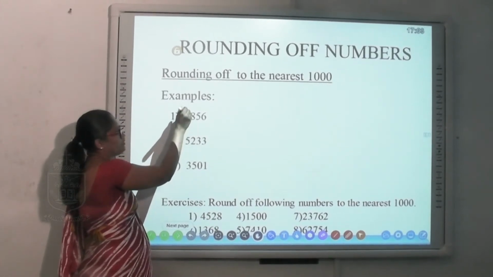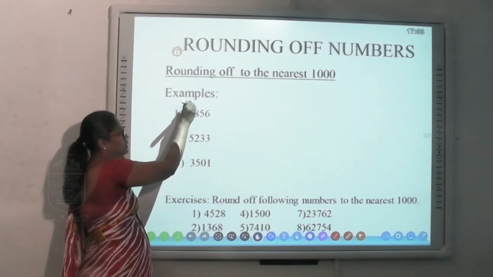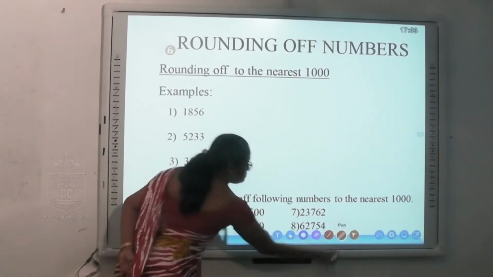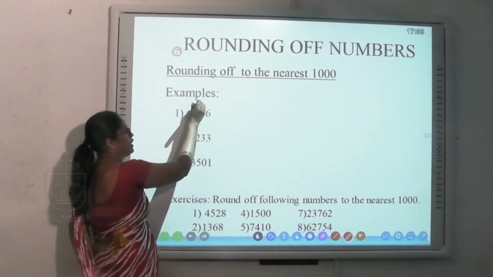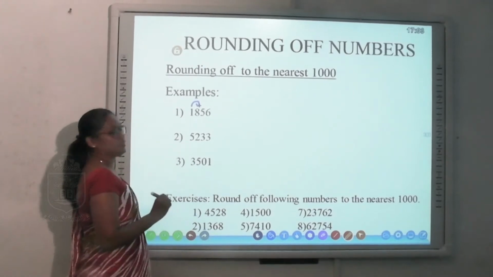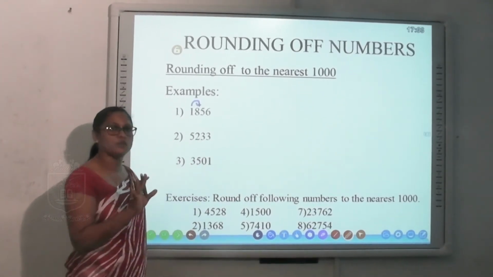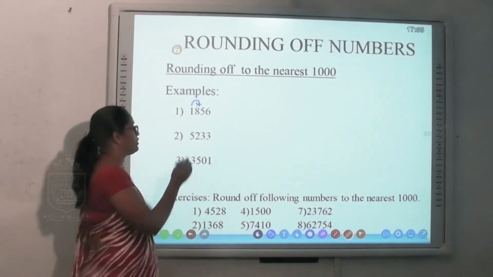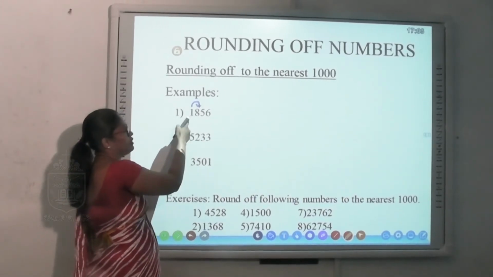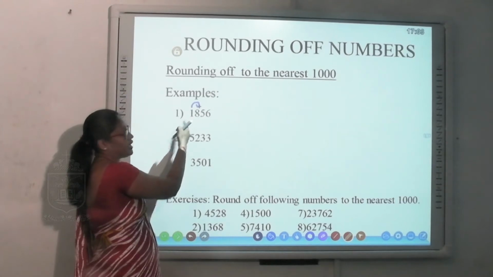Once we have found this one, you have to look at the 100th place. Same condition: if the number in the 100th place is 5 or greater than 5, you have to add 1 to this 1000th place. Otherwise we won't add.